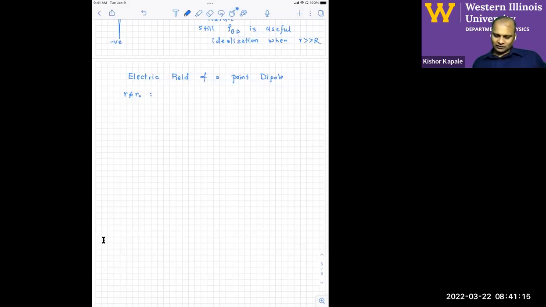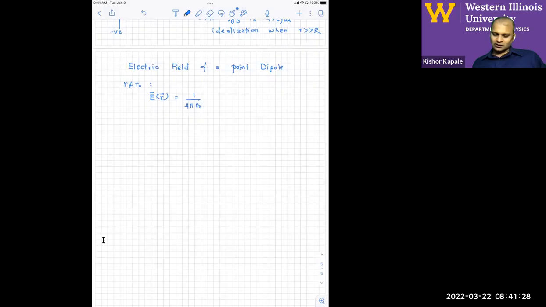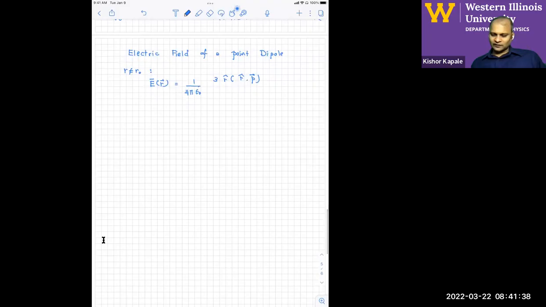It has to be at a different location. Then you can calculate the electric field, which is going to be, we are using just directly the dipole electric field expression for now, and then we will relate it with the point dipole scalar potential that we calculated earlier.